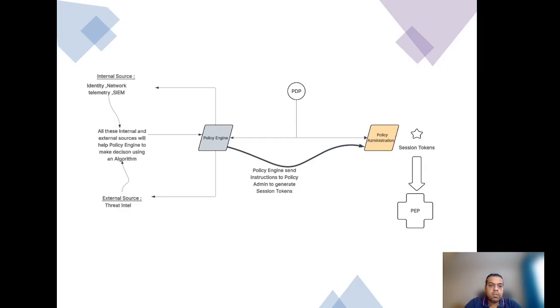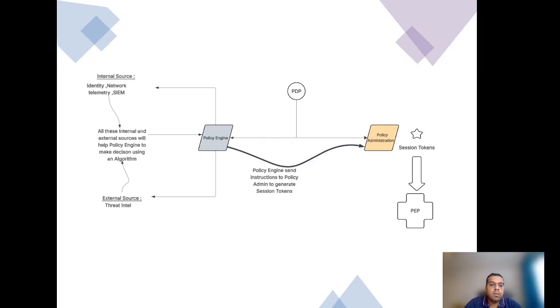Internal sources like identity or the network context or the logging or the user and behavioral analytics information from the SIEM platforms, and also if there are some malicious IP addresses or malicious domains, and threat intelligence has some useful data particularly for that user access.